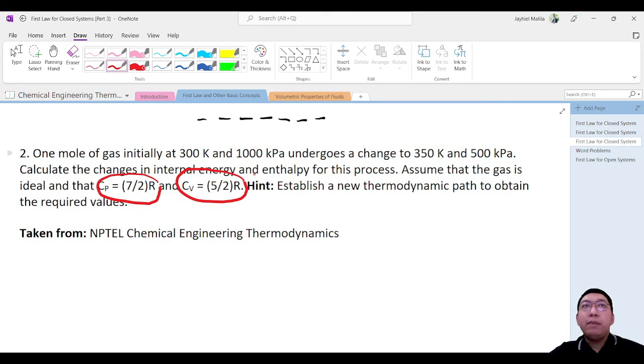What is an important insight that you can get from this problem is that internal energy and enthalpy are state functions.